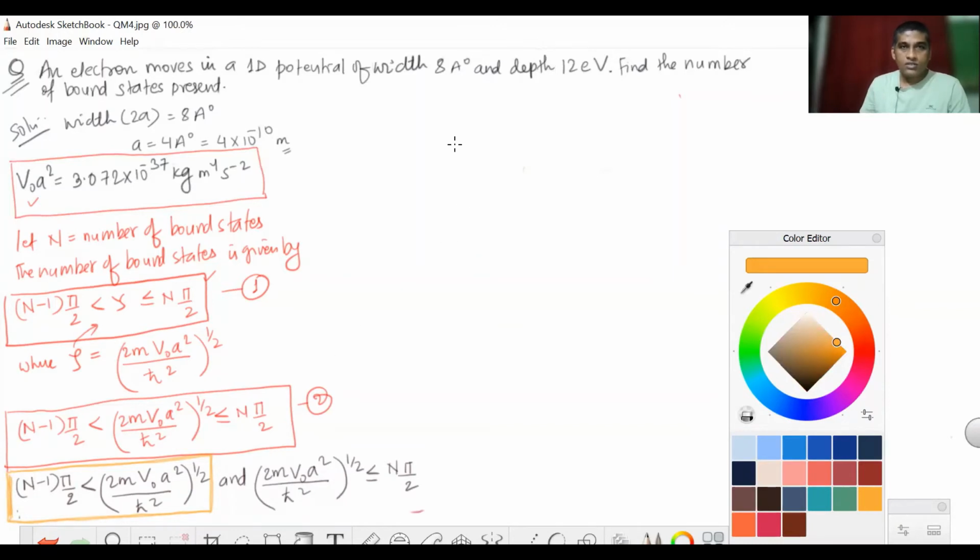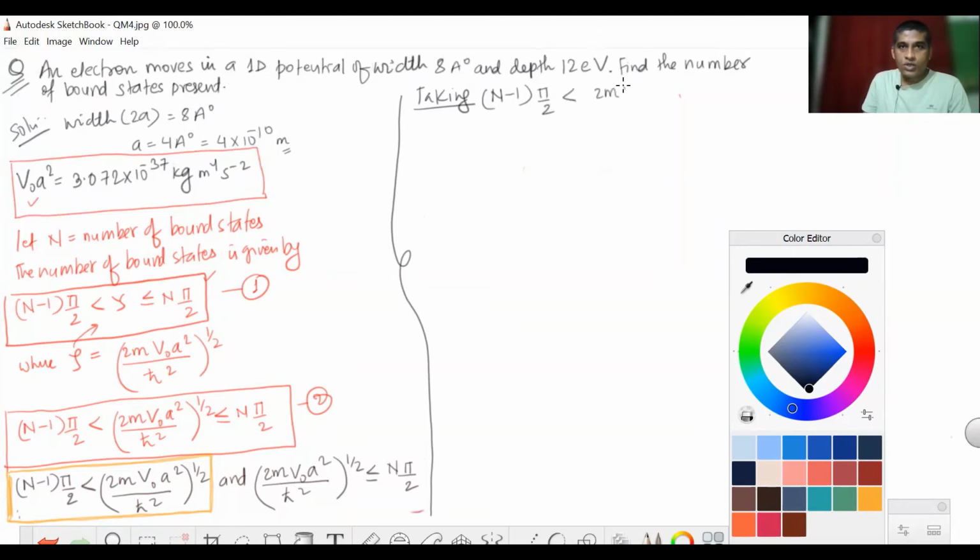Clear? So taking (n minus 1) pi by 2 is less than (2m V naught a square by h bar square) whole power half.